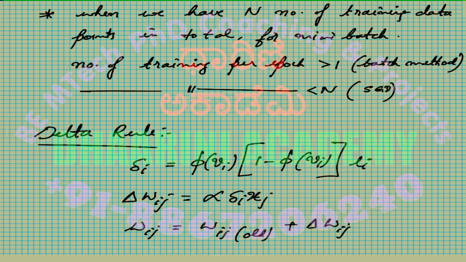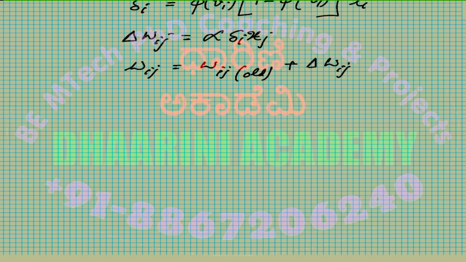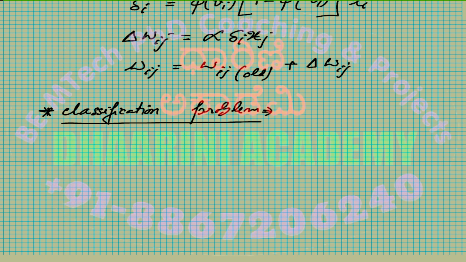All right, so let us try to give the data in the following format. Let's say we have two classes. So this is a classification problem. I give two varieties of data and the machine has to classify them into, say, two classes.